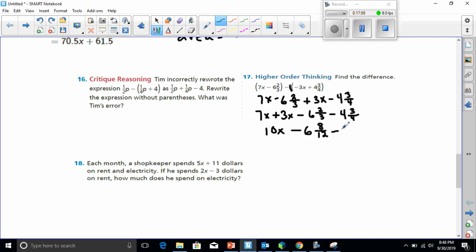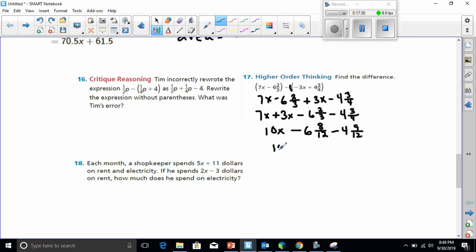So this would be negative 4 and 9 over 12. Now, remember, we're adding these together, not subtracting them. Well, 8 and 9 make 17.